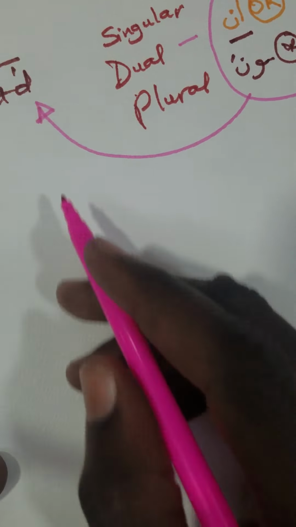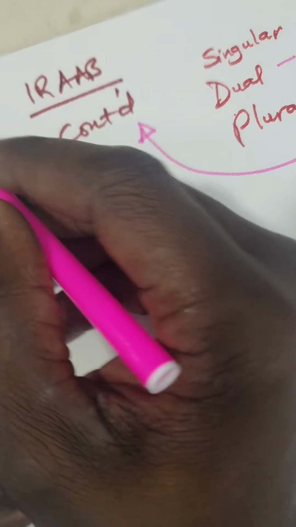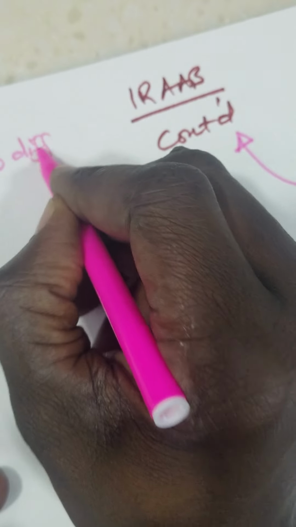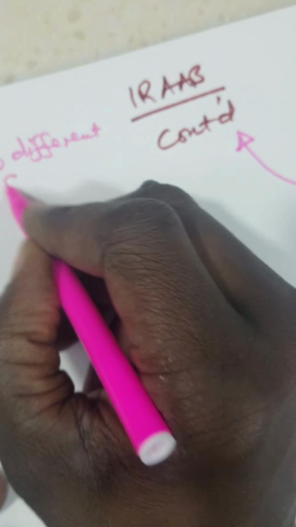And we said that with Iraab, all isim will have 3 different faces. They will appear in 3 different faces. It can either be in case 1, it can either be in case 2, it can either be in case 3.